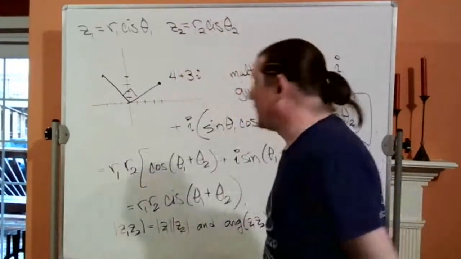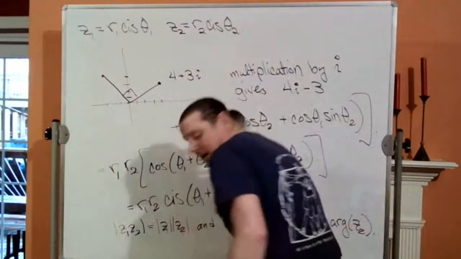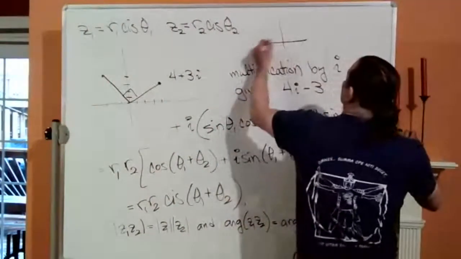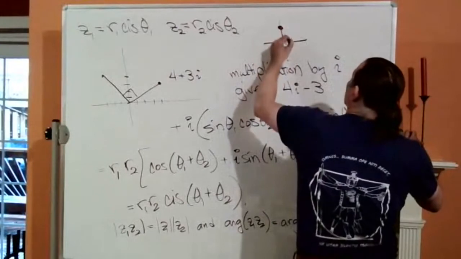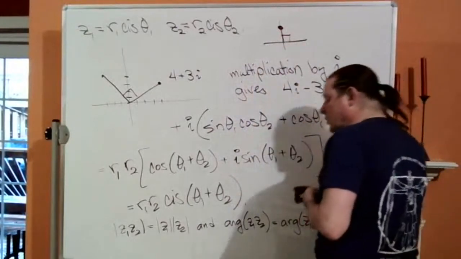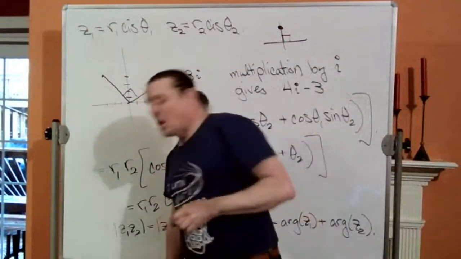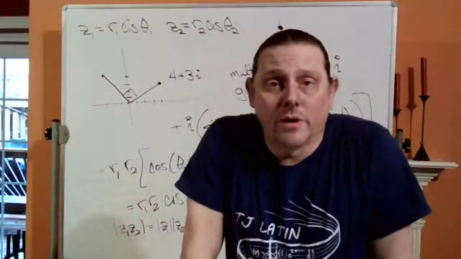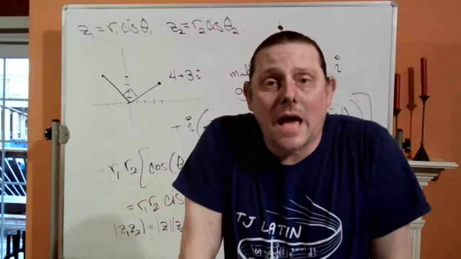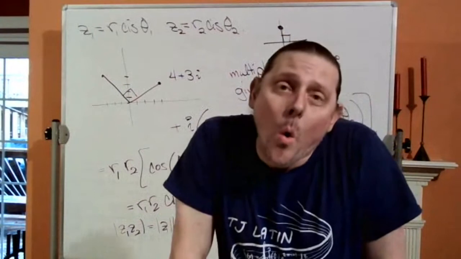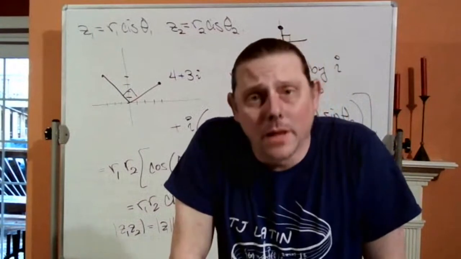The reason for that is that the argument of i is 90 degrees, pi over 2. And it doesn't just do that to the complex number 4 plus 3i. It does that to every complex number. It does that to the whole complex plane.